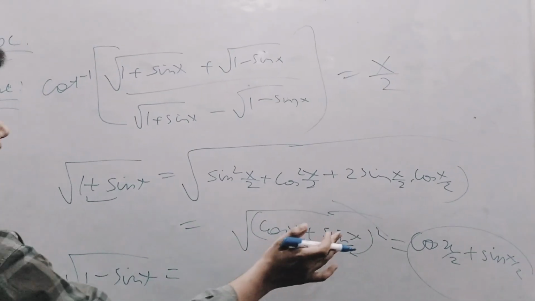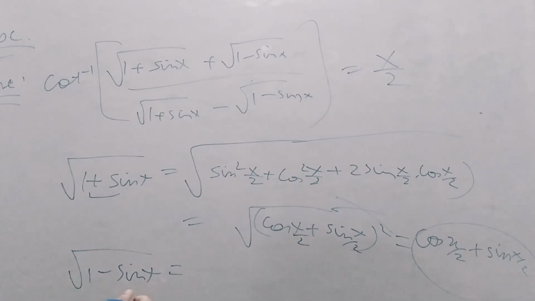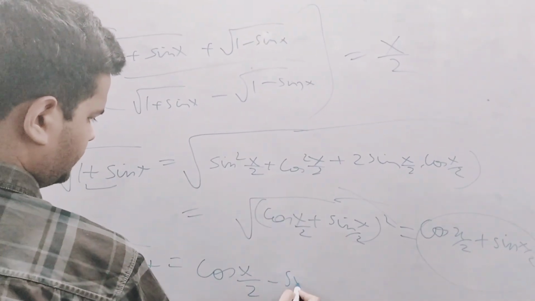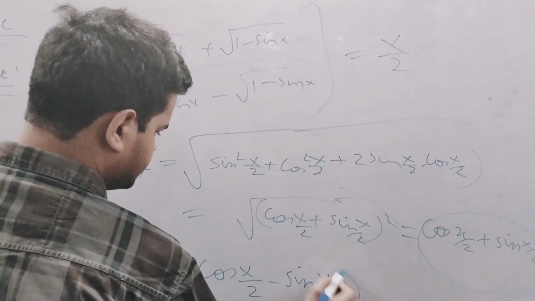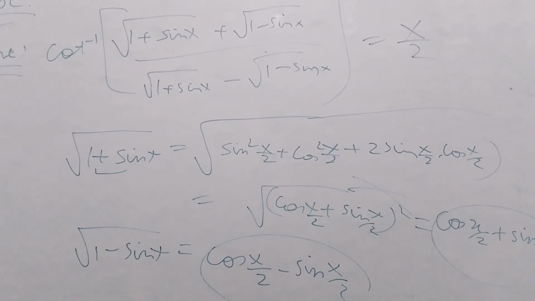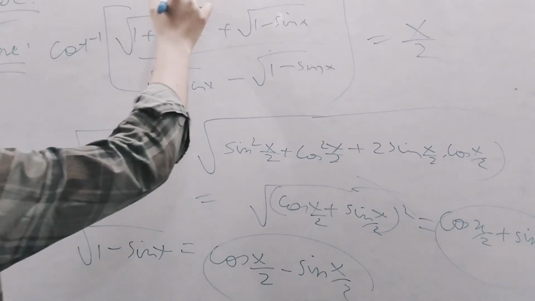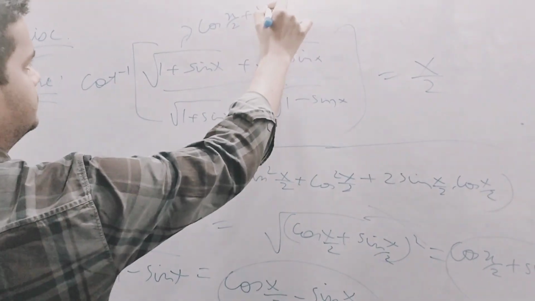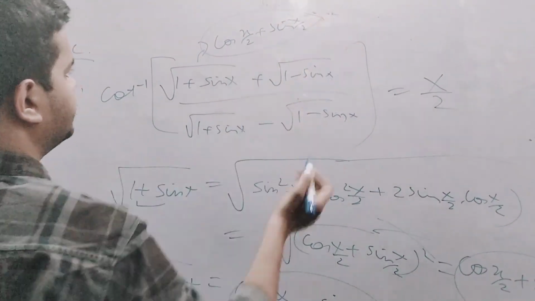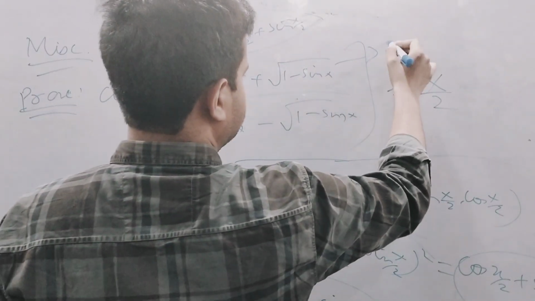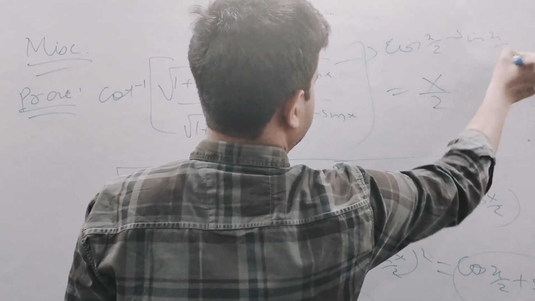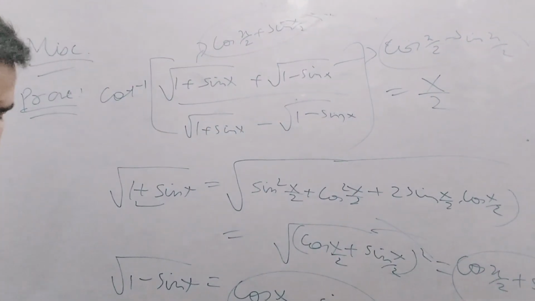If this is cos plus sine, then the other becomes cos minus sine. So the value of the first is cos x upon 2 plus sine x upon 2, and the value of the second is cos x upon 2 minus sine x upon 2.